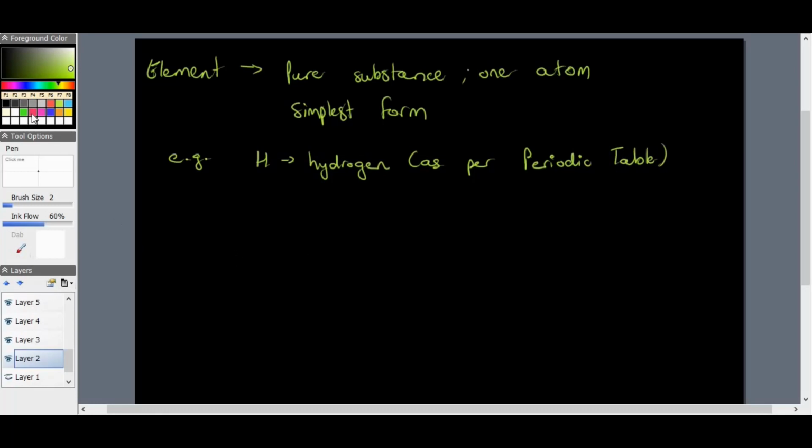Now a compound, which may or may not be new, is also a pure substance. Nothing impure right here. The only difference is an element has one kind of atom, a compound has two or more kinds of atoms.